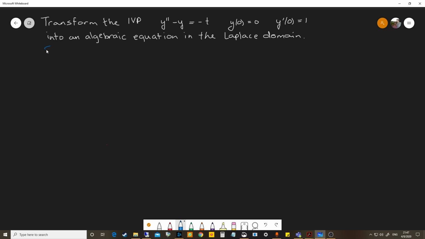So to do this, we'll take the Laplace transform of both sides of this differential equation.